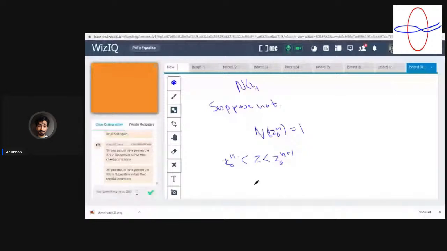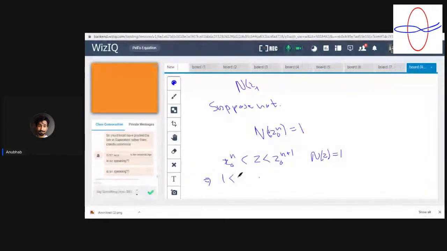And we suppose the norm of z is 1, so we can find n such that this holds true. Now what this implies is that 1 is less than this. Now remember that the norm of z naught is 1.